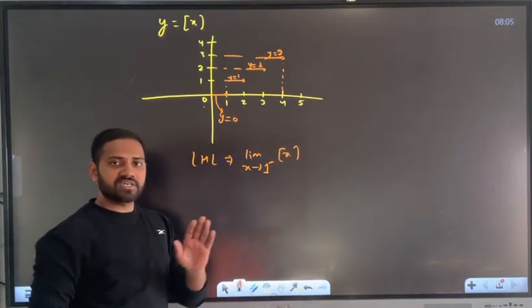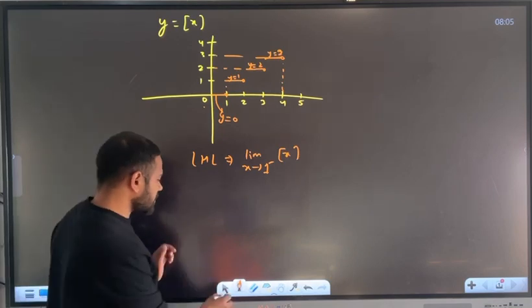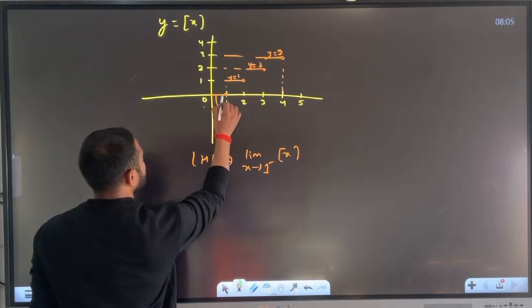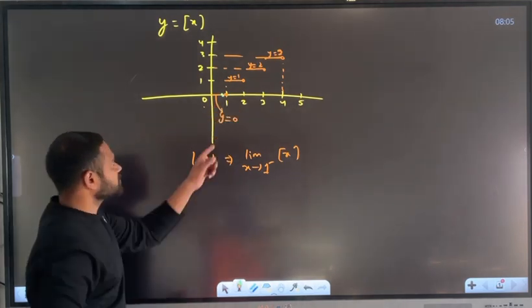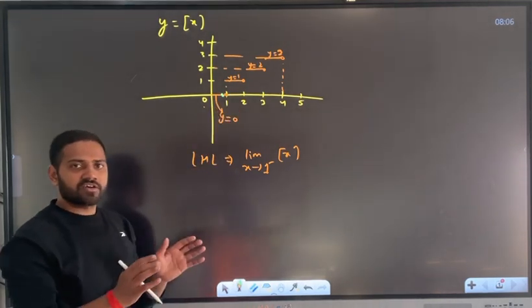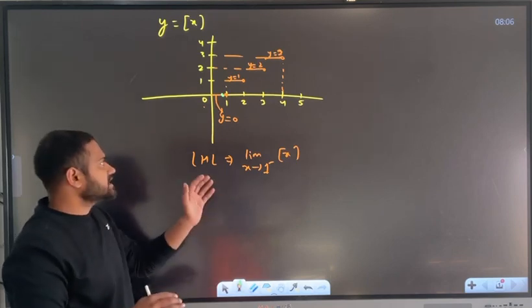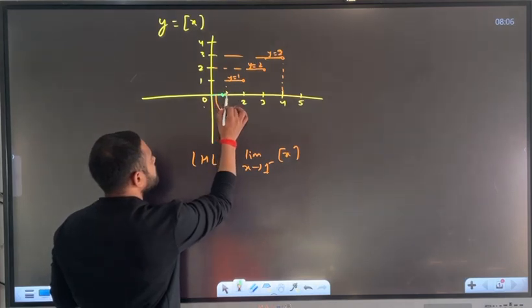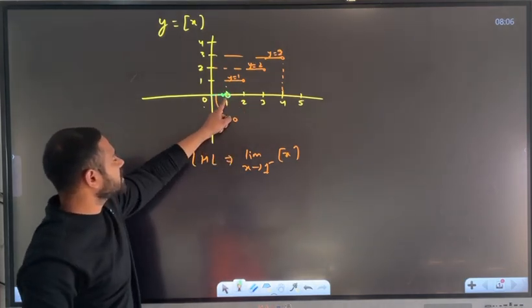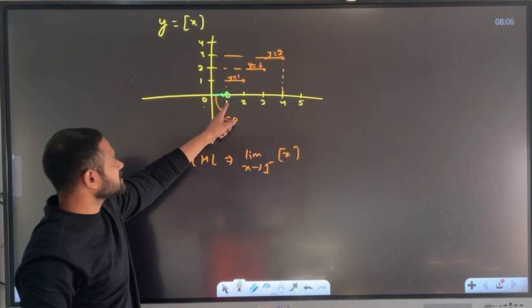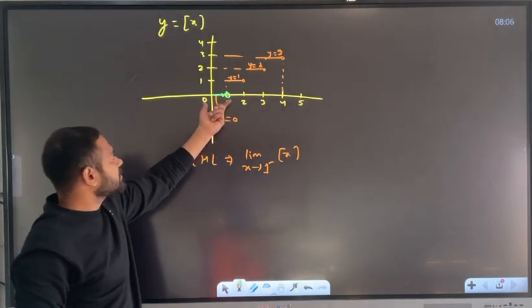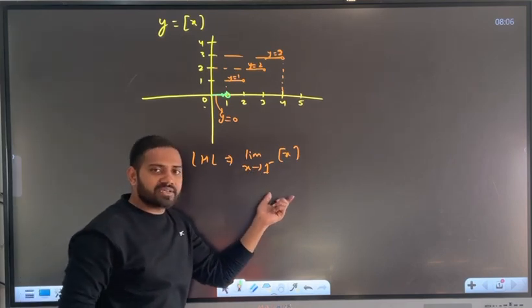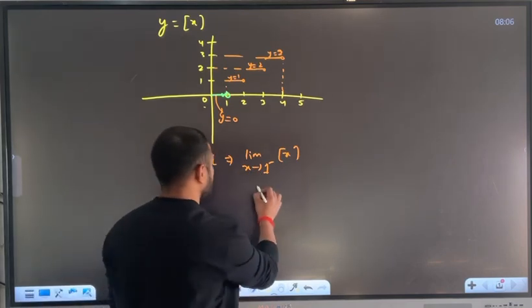From the graph it is clearly visible that if you take a point just smaller than 1, then the point will be here. We will see which branch of the function is at x less than 1. This is the branch which is coming out at x just less than 1. So this is the branch which gives y is equal to 0. So limit x tending to 1 minus greatest integer x will give the value 0.